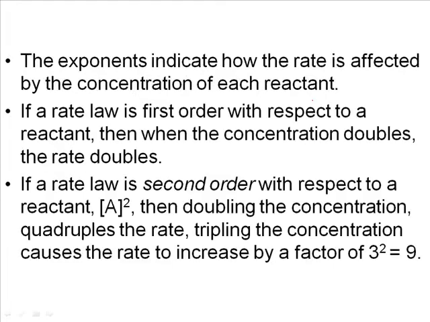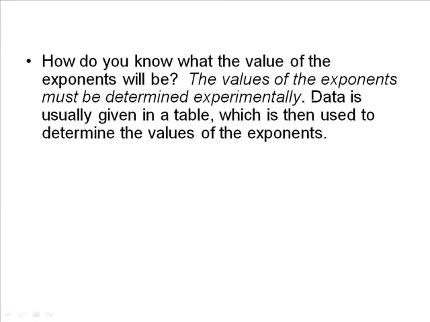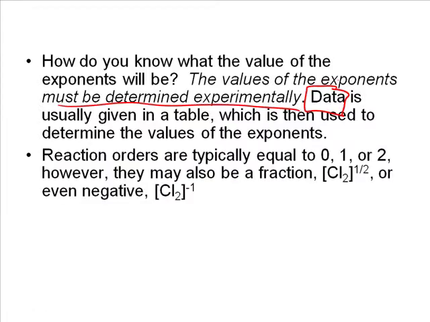Okay, let's just see how do you determine those numbers up in the corner. They must be determined experimentally. You have to look at the data to determine what that number is being raised to. It can be raised to the 0 power.